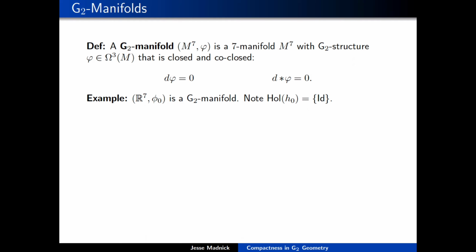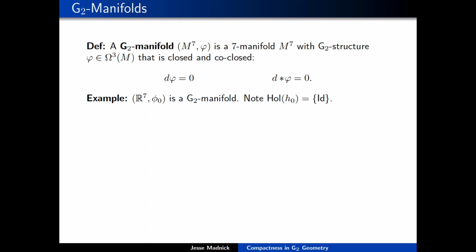So a G2 manifold is a 7-manifold M7 with a G2 structure phi that is both closed and co-closed, meaning that the 3-form itself is closed and co-closed. I should mention that this is a system of nonlinear first-order PDE. It appears to be linear, but as I said before, the Hodge star depends nonlinearly on phi. So this right here is a nonlinear system, whereas this one is, of course, linear.